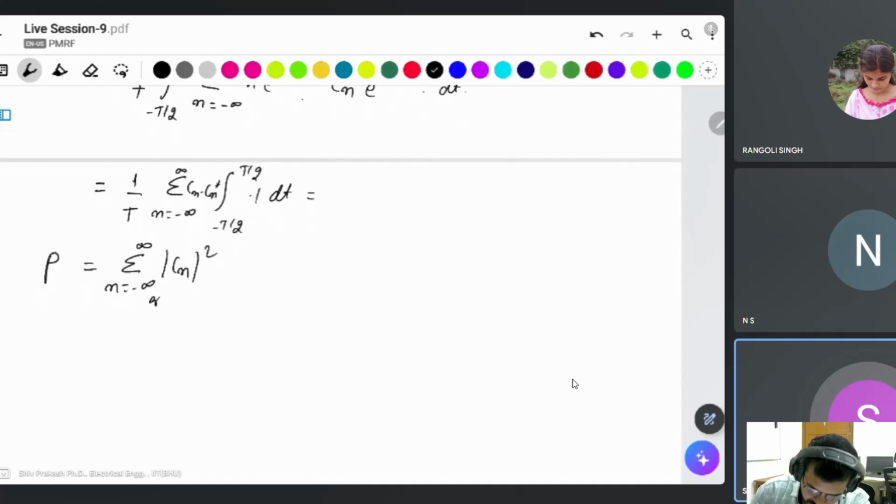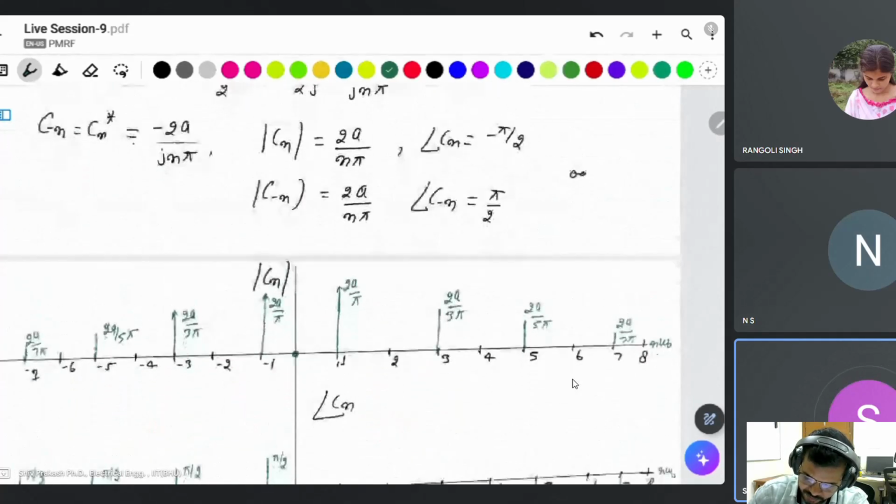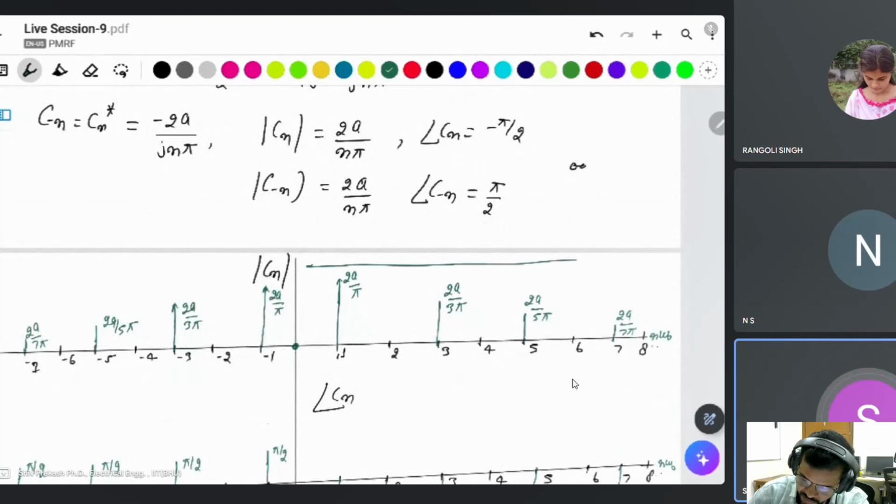Or you can write the power in terms of C naught squared plus 2 times the summation of n equal to 1 to infinity of mod Cn squared. The 2 is there because n goes from 1 to infinity, while for minus infinity to minus 1 the terms are the same, that's why you represent it with 2 and only sum from 1 to infinity.